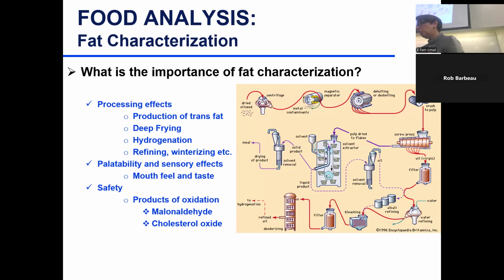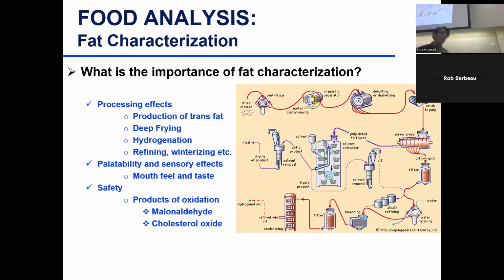So olive oil, you'll find in the market as extra virgin and refined olive oil. Next week in lab, one of the groups will be analyzing extra virgin olive oil. Another group will be analyzing refined fat, and you're going to see the difference in free fatty acids and rate of oxidation.